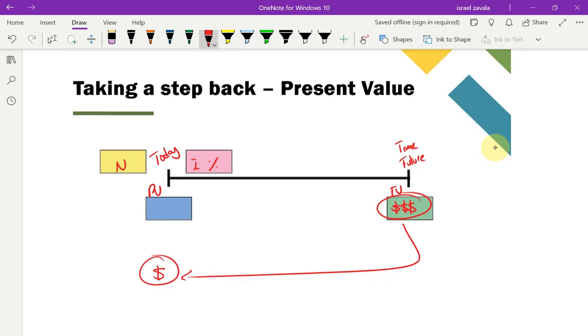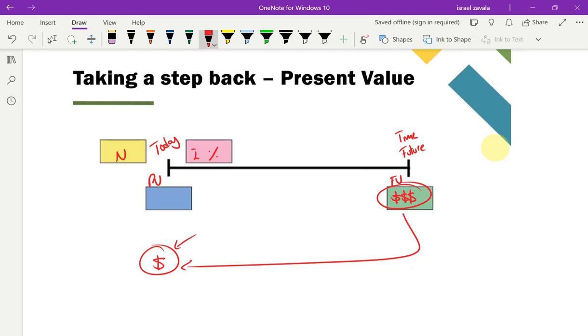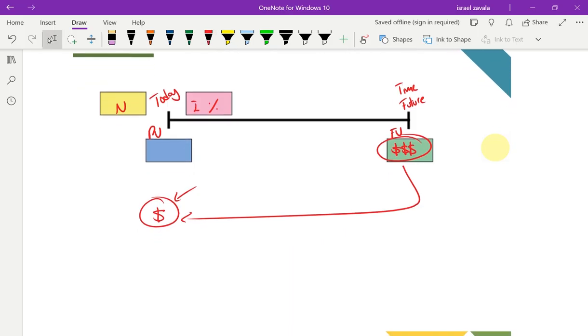It has a larger impact, therefore the present value gets smaller. So what causes the dollar amount to become smaller today? Number one, we have the size of the discount rate. We know that if the discount rate is larger, our present value is going to become smaller.